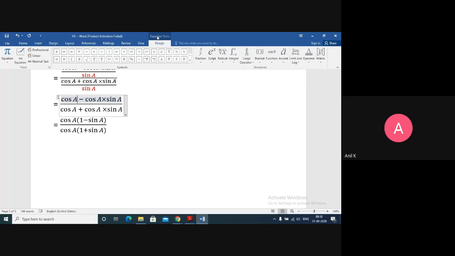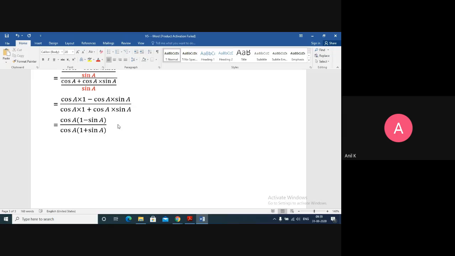Any number will be divided by 1, any number will be multiplied by 1. So cos A into 1, cos A into sin A. So if I take cos A common, you get 1 minus sin A.